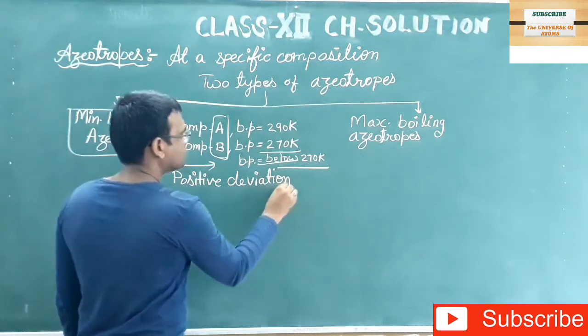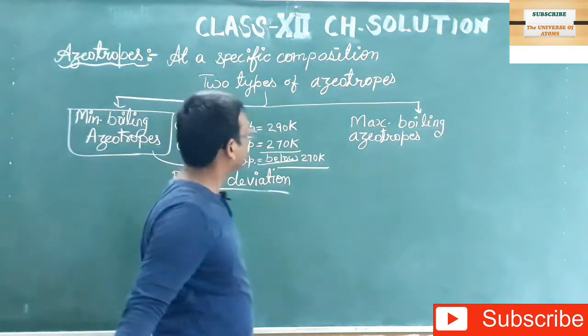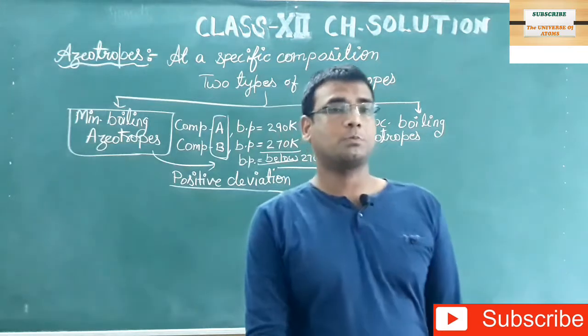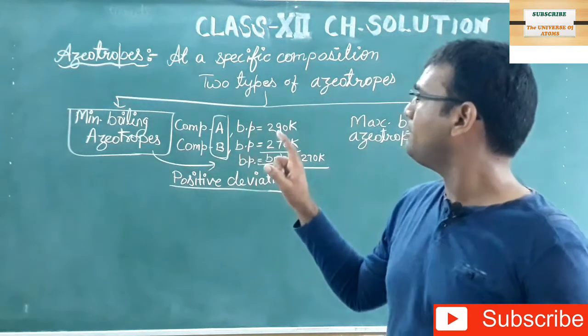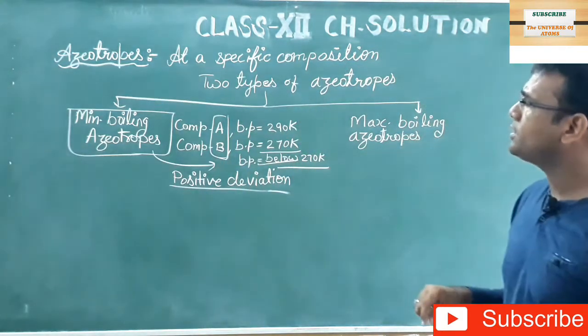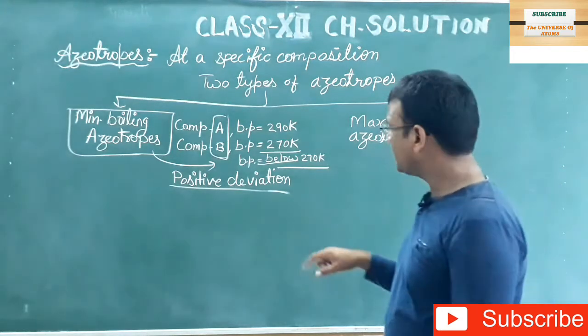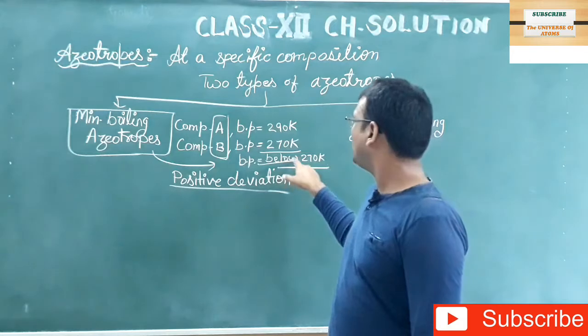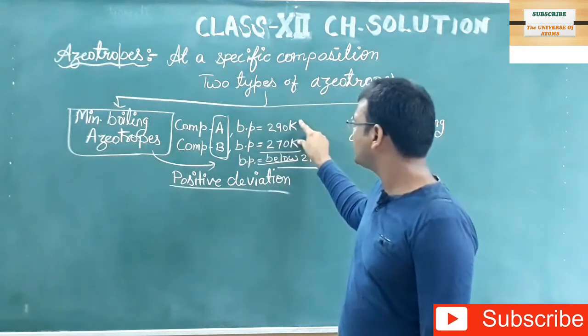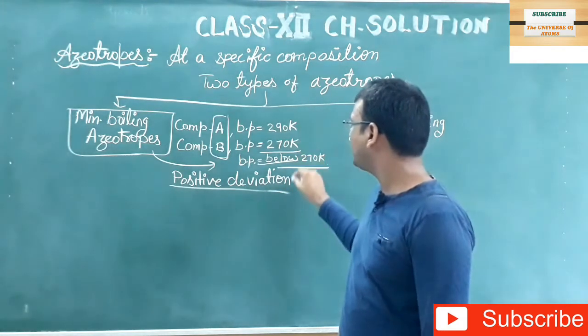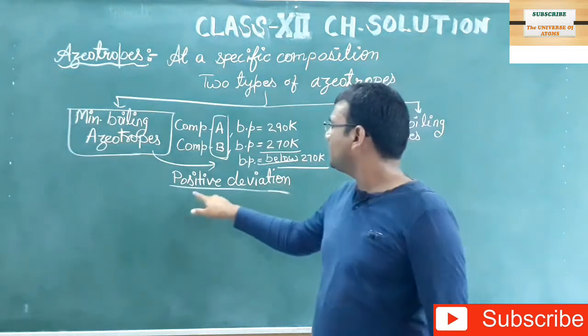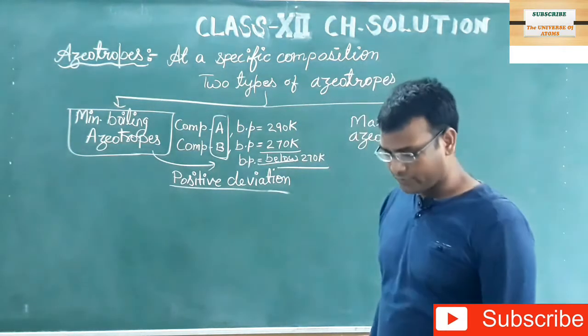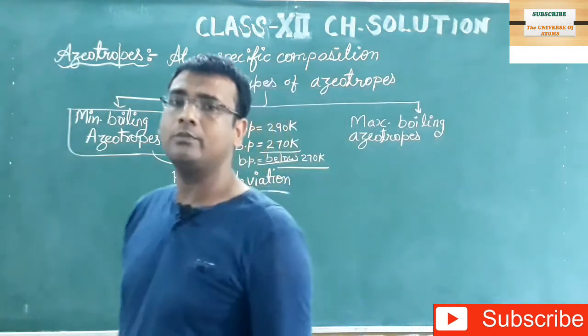In the exam, this question may be asked: in minimum boiling azeotrope, what is the reason that the mixture boils below the individual boiling points? So the reason is positive deviation from Raoult's law.